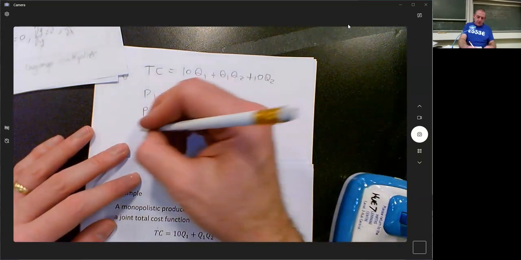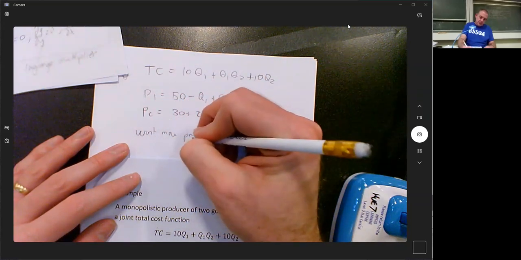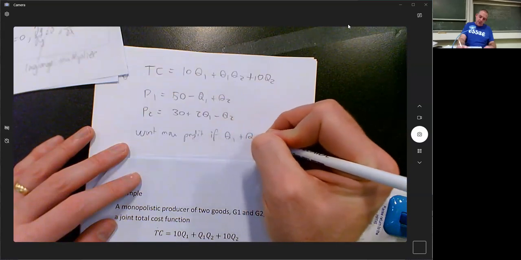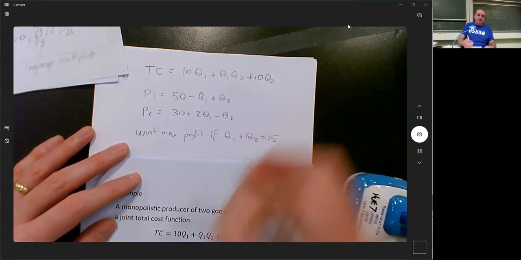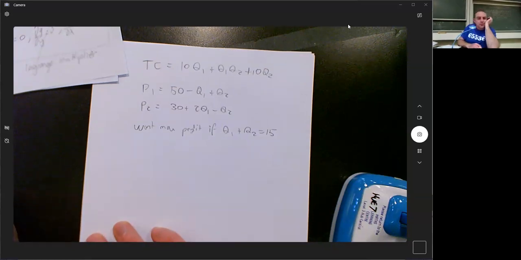And we want maximum profit if the total of Q1 and Q2 has to be 15. Okay. So we haven't been given a function yet. We're going to have to make it ourselves.